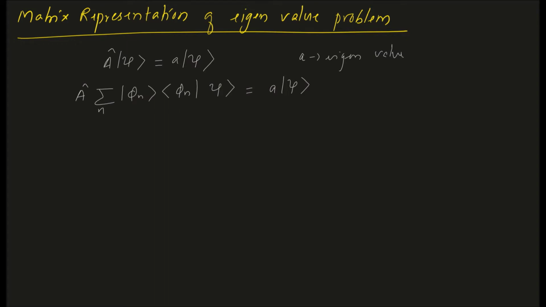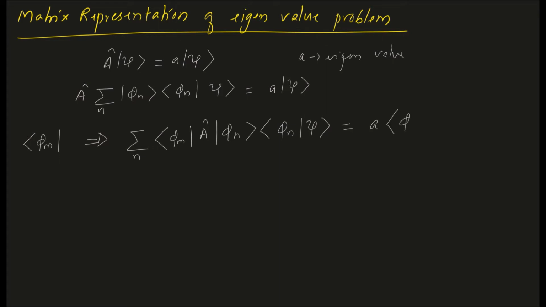If we multiply both sides by bra phi m, this will give us summation over n, bra phi m A ket phi n, bra phi n psi is equal to a, bra phi m psi.